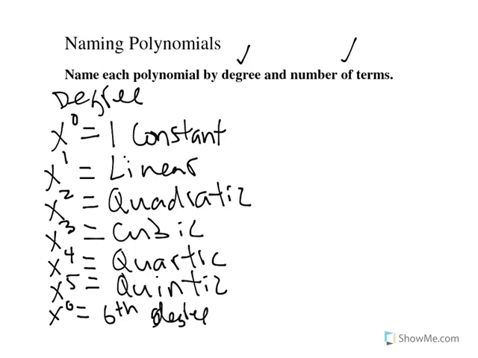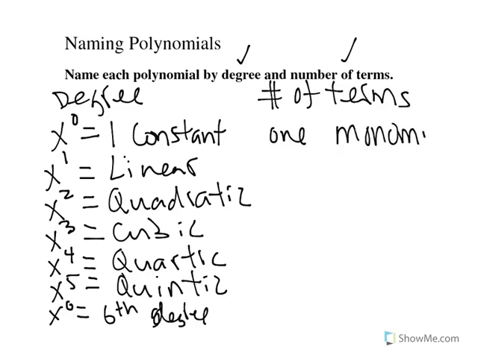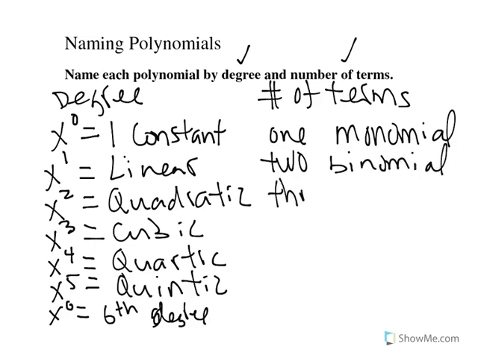Now, in terms of the number of terms, okay, so when we have one term, we would call this our monomial. When we have 2 terms, then we call this our binomial. Right? And for a 3 term, then it's a trinomial.